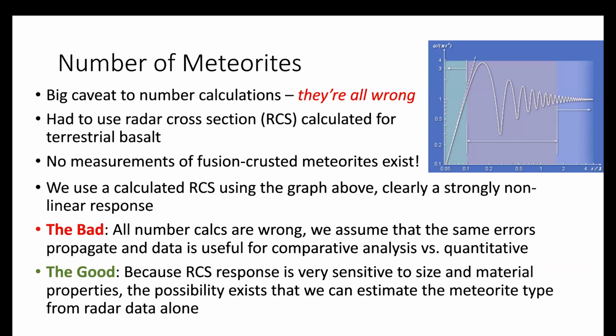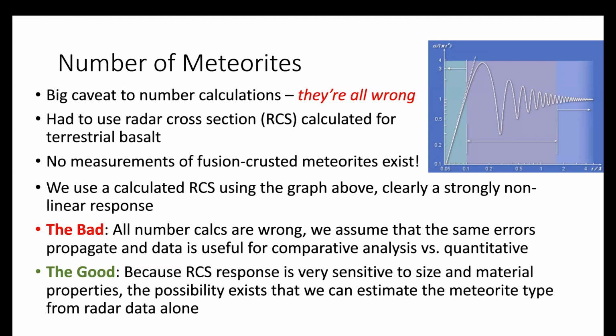The function of meteorite reflectivity versus radar size or meteorite size is shown in the upper right, and it's basically the Mie region reflectivity. The upside of this is that it's a complicated function, and if we can possibly use this, basically the complicated function ought to be slightly different for different meteorite types, especially irons, achondrites, and ordinary chondrites.